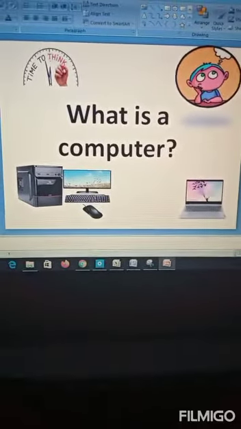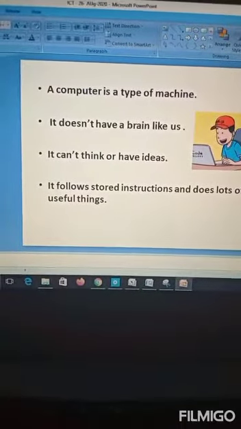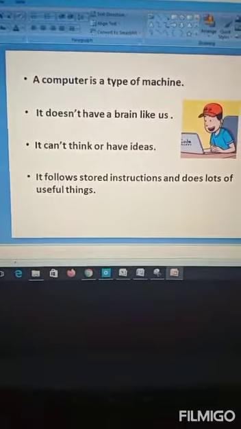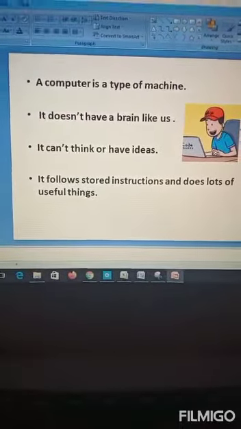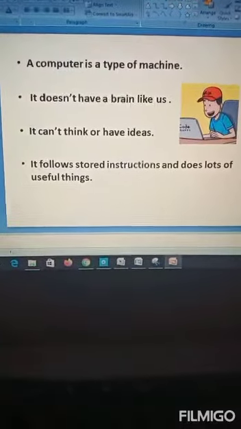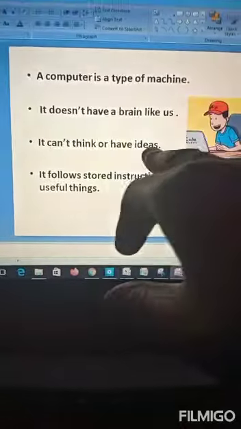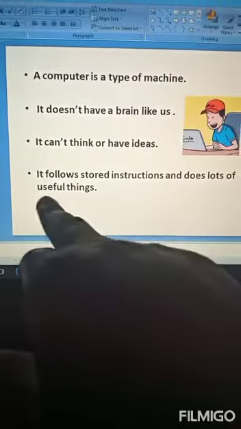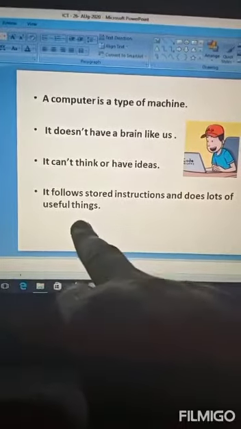So now let's understand what is a computer actually. So computer is a type of a machine. Like any other machine, computer is also a machine. It doesn't have its own brain. It can't think. It does not have ideas. But still it is very useful for us. It makes our work much easier.